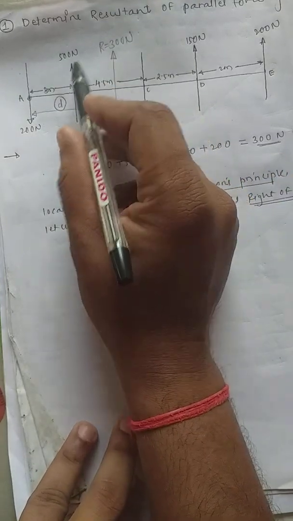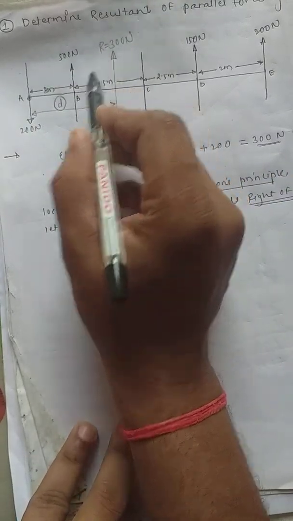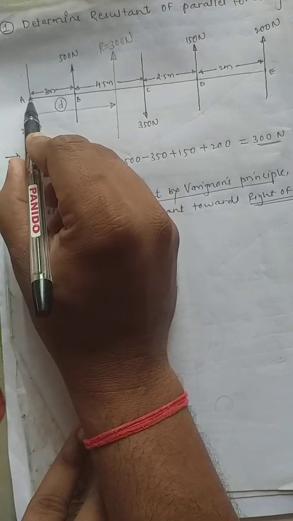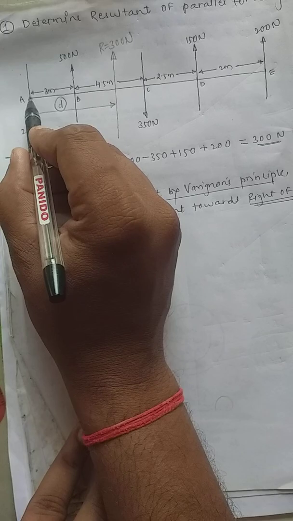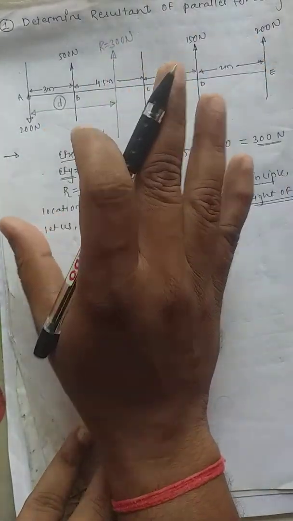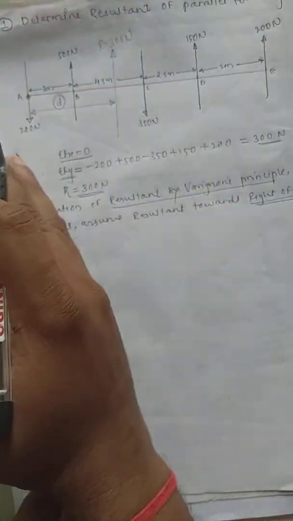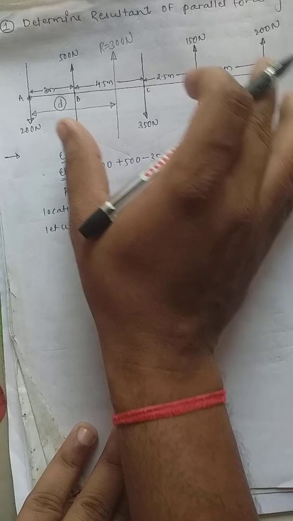The moment of a resultant about any point will be equal to the sum of moments of all the forces about the same point. Means for the left side we'll take the resultant moment, and for the right side we'll take the moment of all the individual forces about point A.